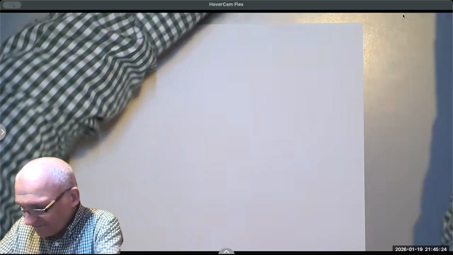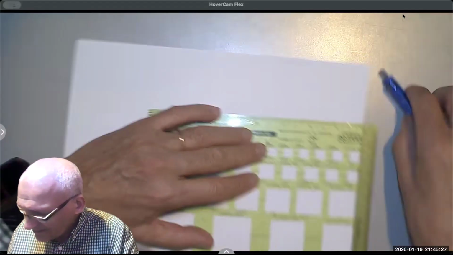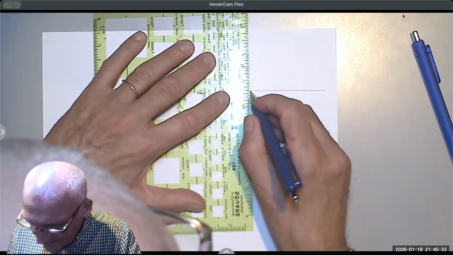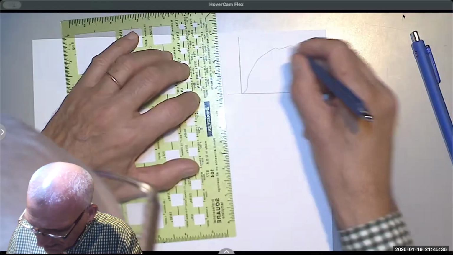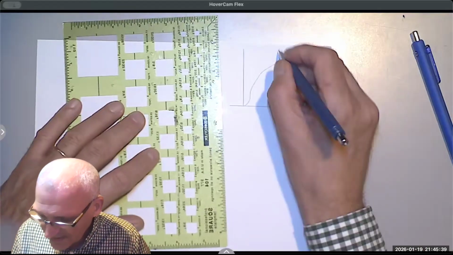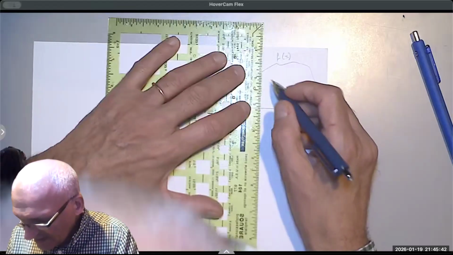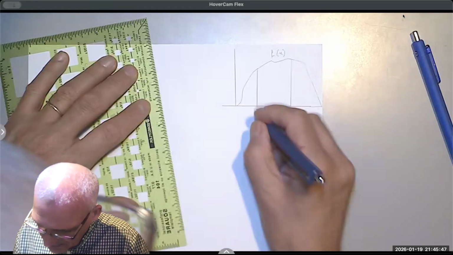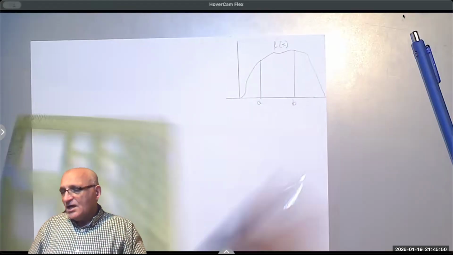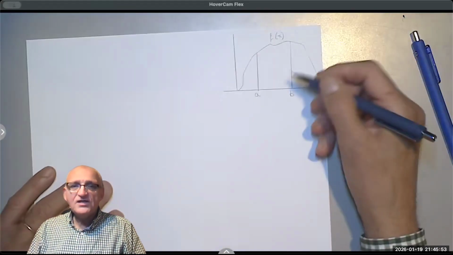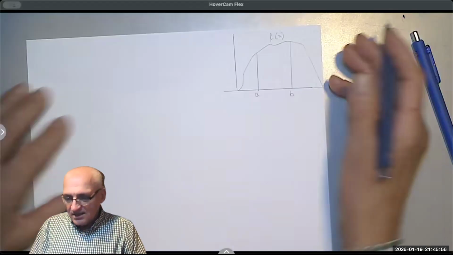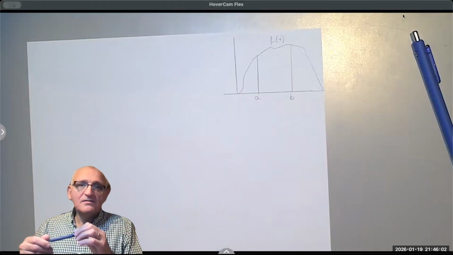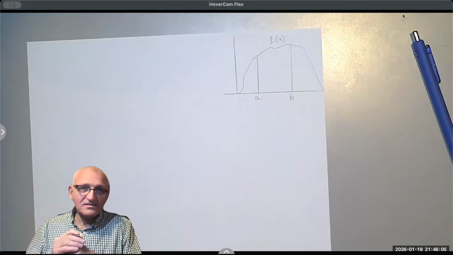So if I have a graph f of x, let's assume we have a graph here, something like that. I know f of x, it's given to me, and I want to find the area under it between points A and B. So instead of dividing that into 3 or 4 or even 10 strips, I'm going to divide it into infinite parts or infinite rectangles.